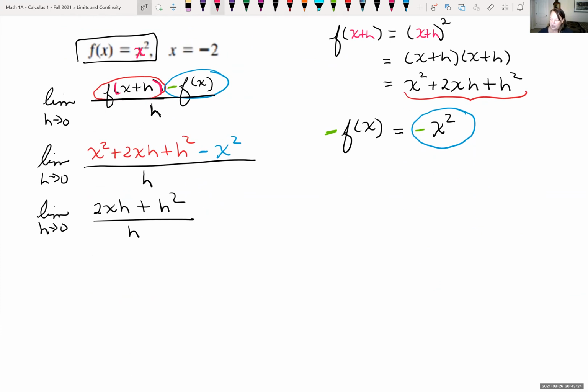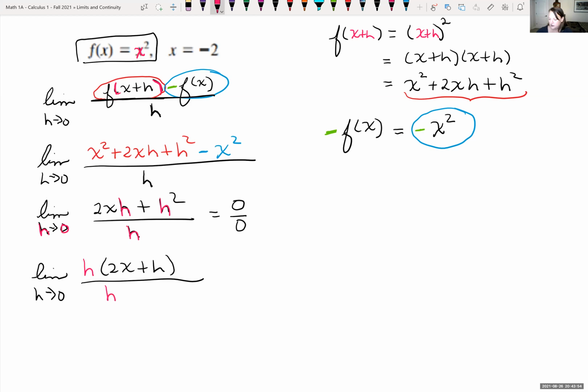So I notice right away, if I plug in 0 wherever I see an h, I'm going to get 0 in the numerator because both terms have an h, and 0 in the denominator. And that gives me that indeterminate form. And that's where I had to go back and manipulate. So we can factor out an h in our numerator. And that would leave us with a quantity 2x plus h, all over h.